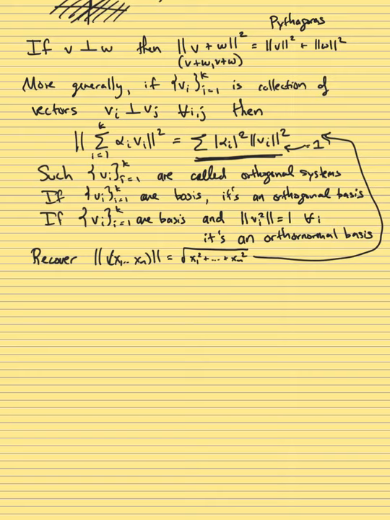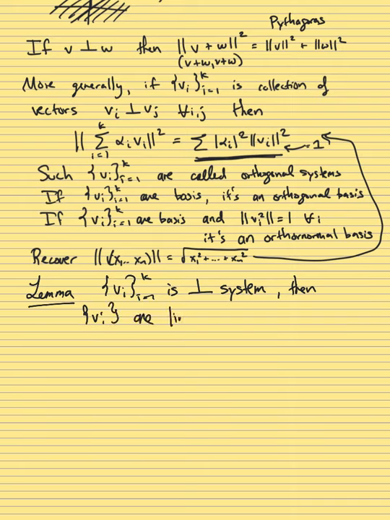Let me just record another lemma, which we saw earlier. I'll sketch the proof. If v_i from i equals 1 to k is an orthogonal system, then the v_i are linearly independent. This is not too hard to show.